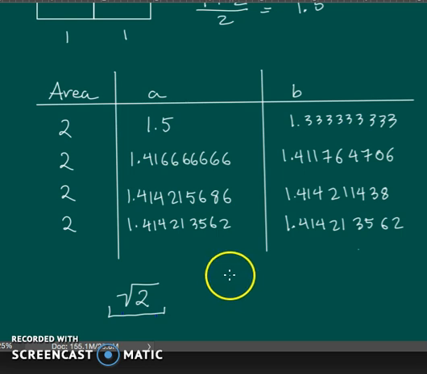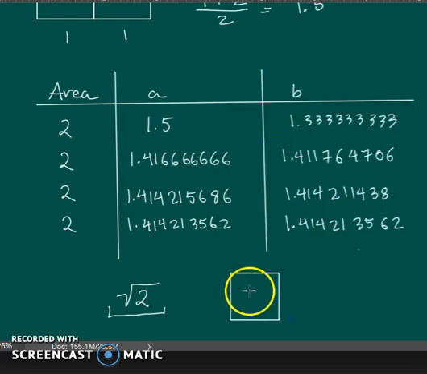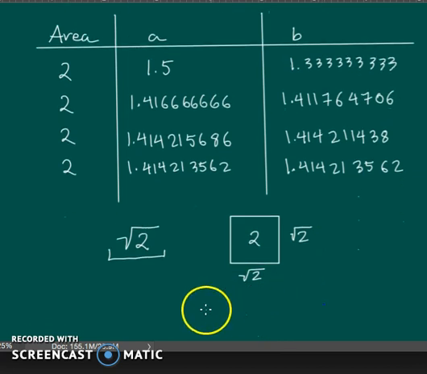So if we do have a square that has two side lengths that are exactly the same, which is the definition of a square, and its area is 2, its side lengths will be square root of 2 and square root of 2, so that when you multiply them together, they equal to 2, and that's the area.